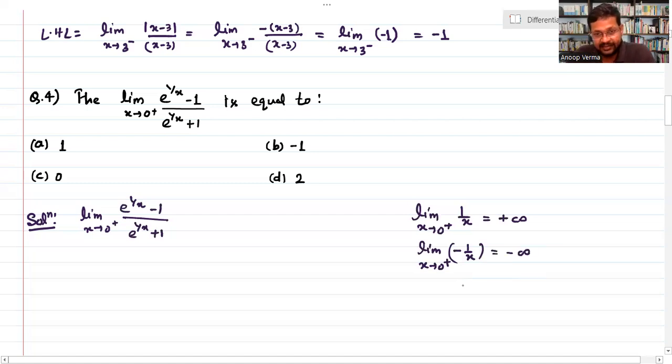And we know that if x is tending to minus infinity, then e to the power x will be tending to 0.